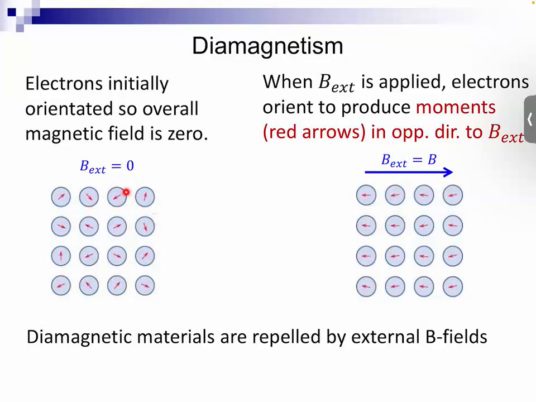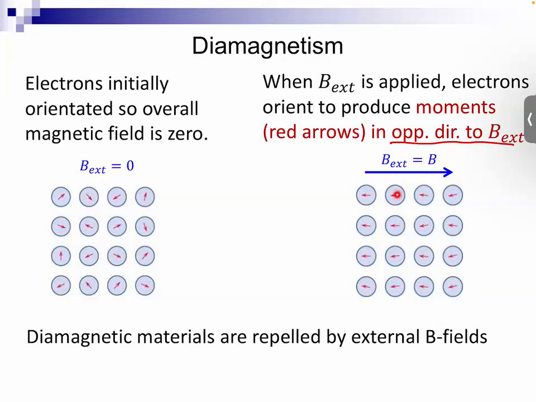But if you immerse the diamagnetic material in an external magnetic field, so say if you put it close to a magnet, or if you apply a current through this diamagnetic material, what happens is that the electrons align themselves so that the spins are all aligned, but they are aligned in the opposite direction to the external magnetic field.